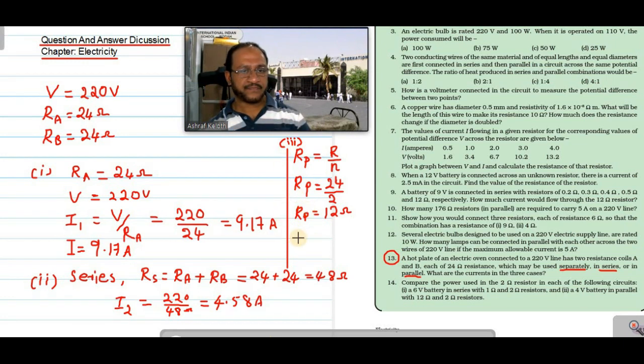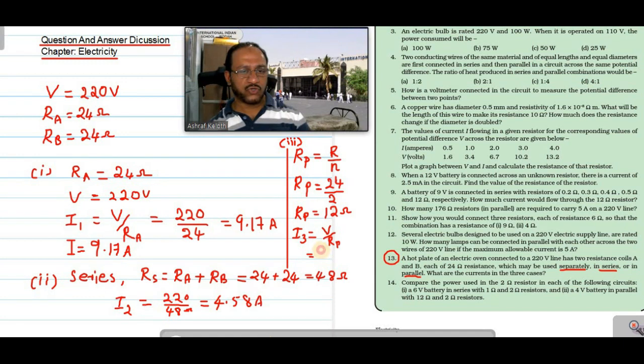Current will increase, it will double. So I3 is the third current when the two coils are connected in parallel. Resistance is decreasing, so current will increase. I3 is equal to V by Rp, the net resistance of the parallel combination.